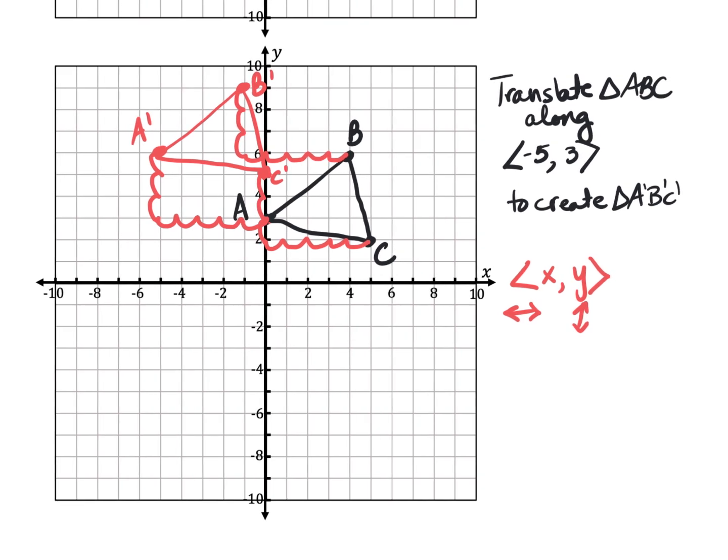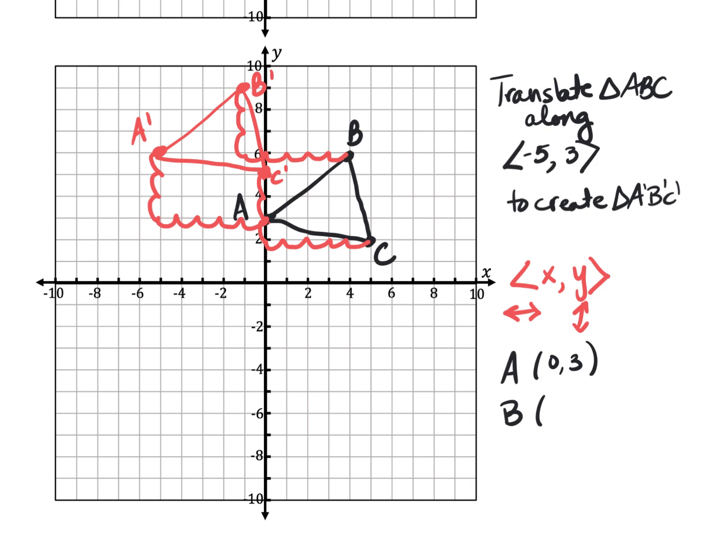Now, another way you could do this, hypothetically, so let's say you don't have graph paper, then you would be given the coordinates for A, B, and C. A is at 0, 3.